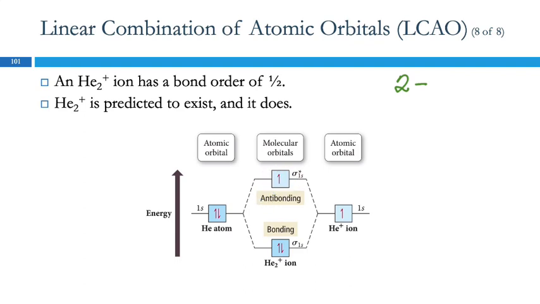There's 1 there, right? And then we're going to divide that by 2. So 2 minus 1 is 1, divided by 2, so we get 1/2. So that's a positive bond order. It's really small, but it is a positive bond order. So that predicts that the He2 plus ion exists. And it does. Well, it's not very common, but it can exist.